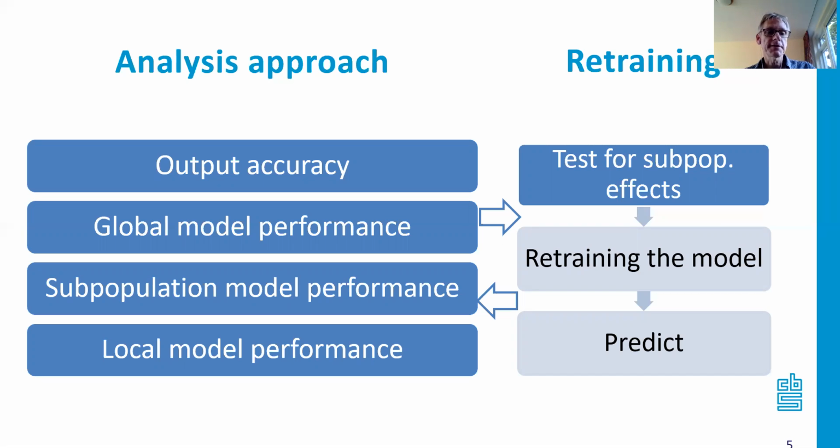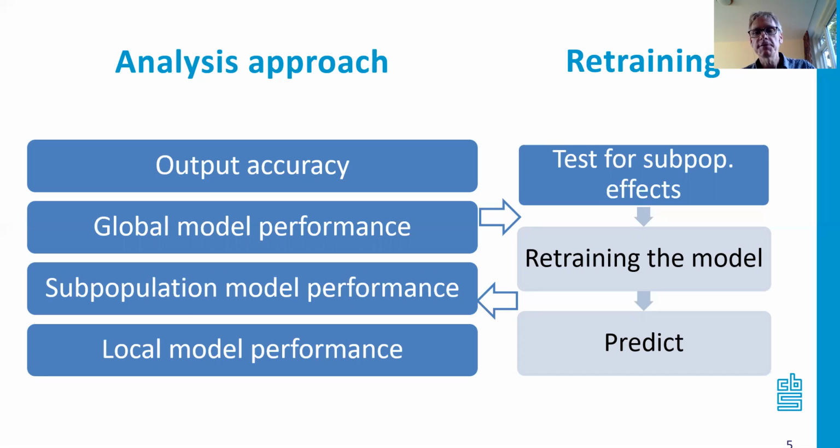In the 3rd layer, we look at the performance of the model at the subpopulation, so at the different crime types. And the 4th level was the local model performance, and we mean the performance of the model for individual predictions. Now, due to the time restrictions, I will not show the results of the 4th layer.